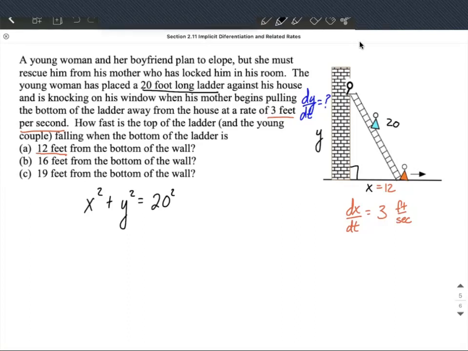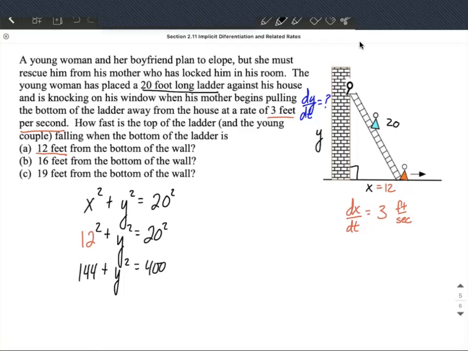We're going to use this formula for a couple different things. First, we know 2 of the 3 sides of our triangle, so we can fill in the 12 for our x. So we have 12 squared plus y squared equals 20 squared. 12 squared is 144, plus y squared equals 400.